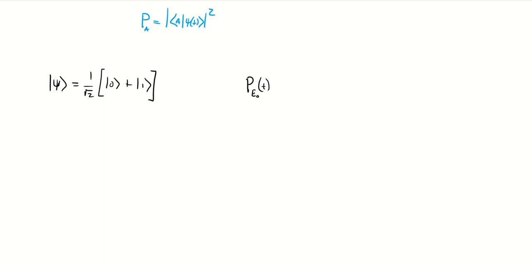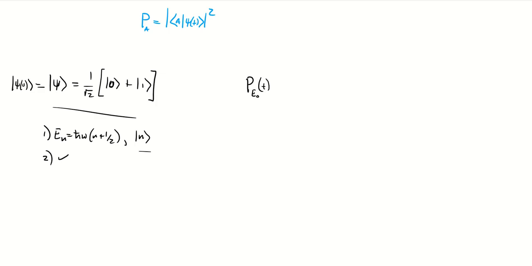So the question is, what is the probability of measuring E0 at some time t? Well, the first thing we have to do, like we said, is we already know our energy eigenvalues and our energy eigenstates. The next thing is to cast this in terms of these energy eigenstates, which it was already given in terms of. So we've already got 2 done as well, this is our psi of t equals 0.